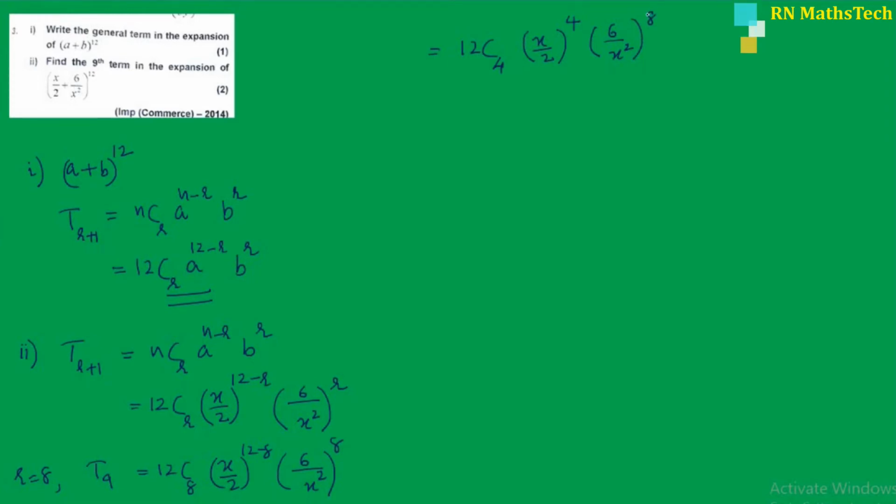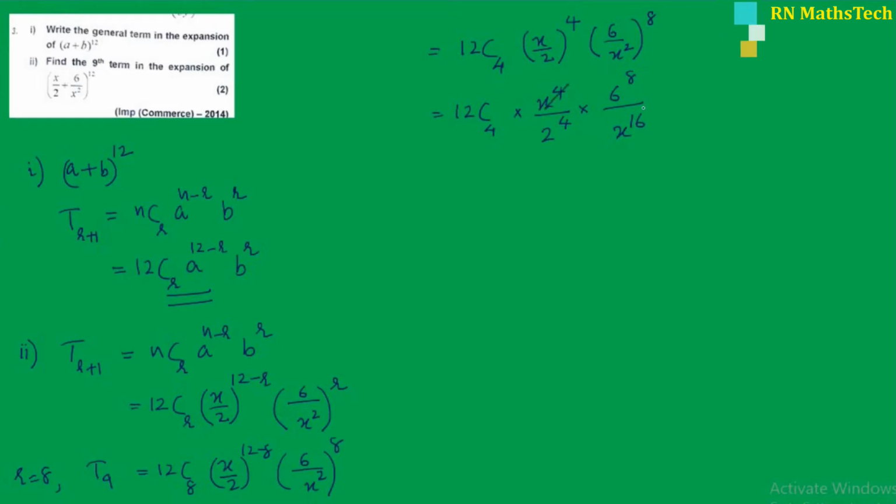So that's equal to 12C4 x^4 by 2^4 into 6^8 by x^16.